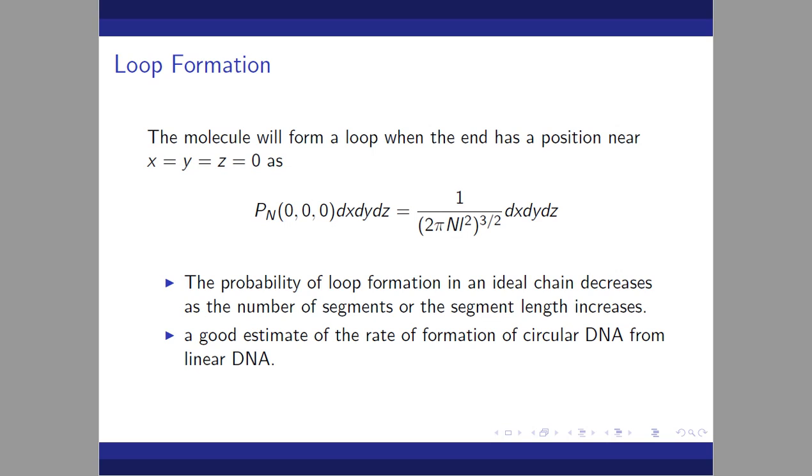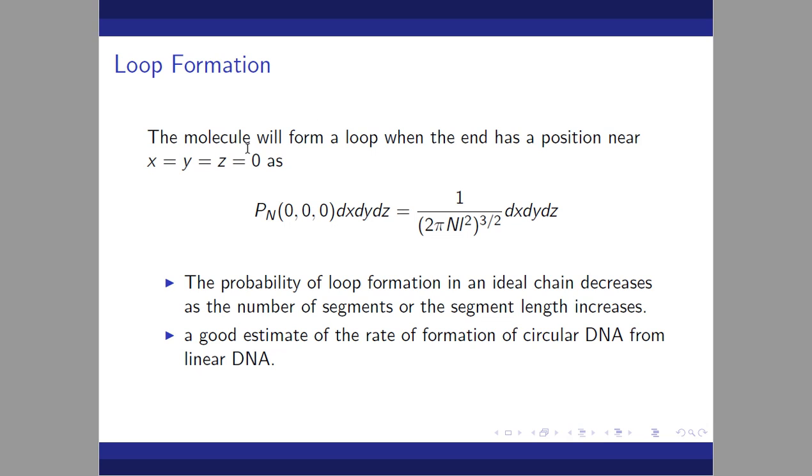Next is the loop formation. Here we have the chain. For example, the polymer is a chain, so we can take the initial carbon and the final carbon and stick them together, making a loop.